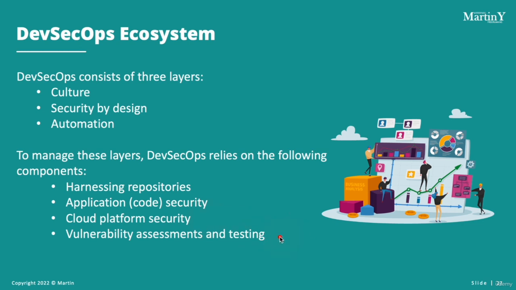DevSecOps should not be mixed up with security as a service. Security as a service can be compliant with the DevSecOps practice, but the concept of security as a service is mainly about shifting security responsibility to a service provider. This is a sourcing model that allows enterprises to get cybersecurity delivered from a service provider on a subscription basis.